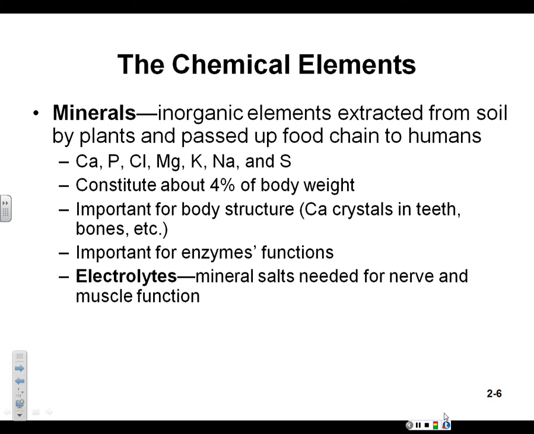Electrolytes are things that carry a charge, and we'll look at those playing a role in the transmission of nerve impulses, like sodium, potassium, calcium.